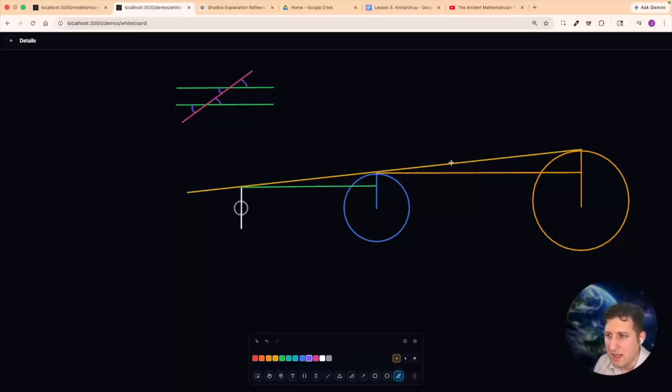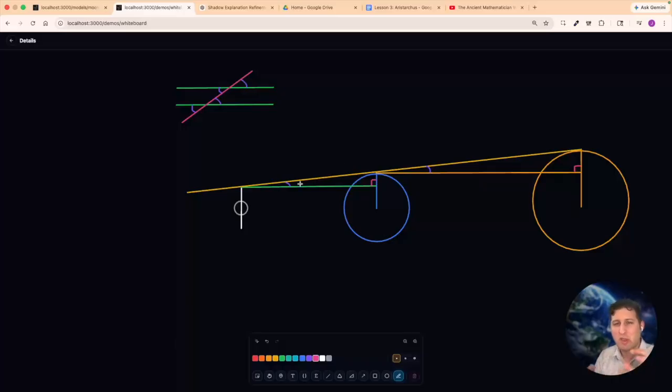Well, what does that mean? That means that this angle here and this angle here are the same angle. And you might notice that we have two right angle triangles here. We have a right angle triangle here and a right angle triangle here. So we have two right angle triangles that share an angle in common. Well, we know what that means already.